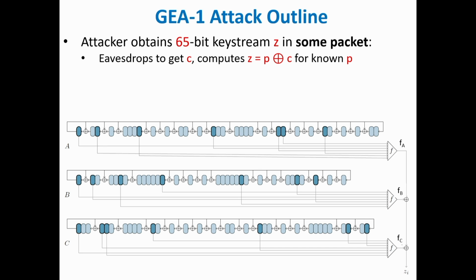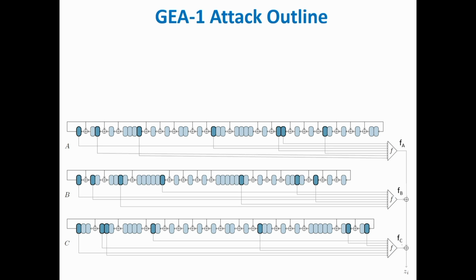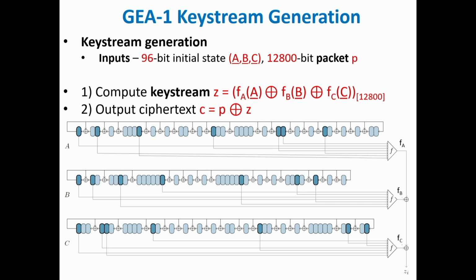It's going to eavesdrop on the communication and get the ciphertext. Z is equal to the plaintext XOR the ciphertext, right? From this equation, you need to get 65 bits of Z, so you need 65 bits of C and 65 bits of P.